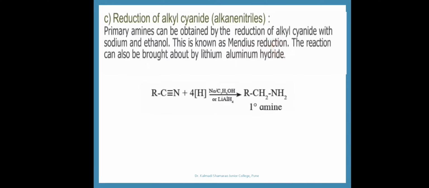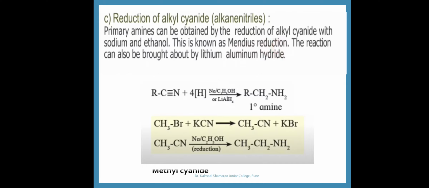Reaction: RC triple bond N plus 4H, in presence of Na/C2H5OH or LiAlH4, gives you primary amine, that is RCH2NH2. For example, CH3CN in presence of Na/C2H5OH undergoes reduction forming CH3CH2NH2, that is methyl cyanide is converted to ethyl amine.